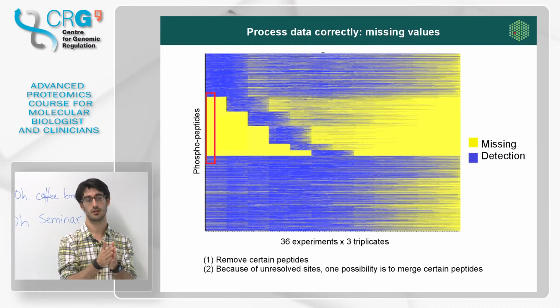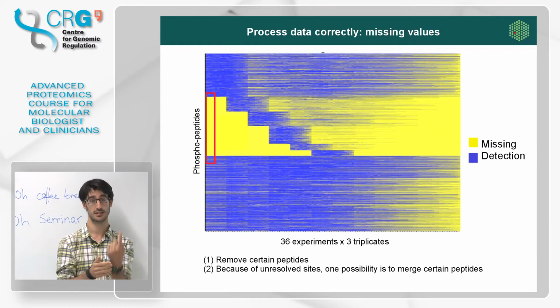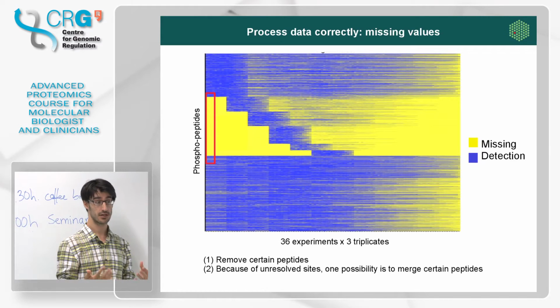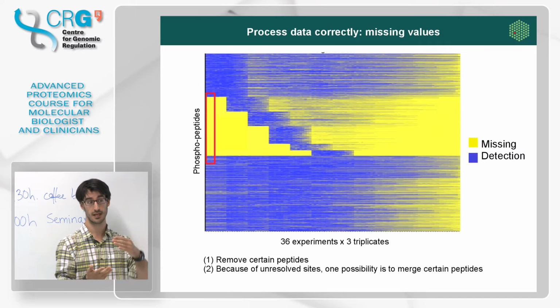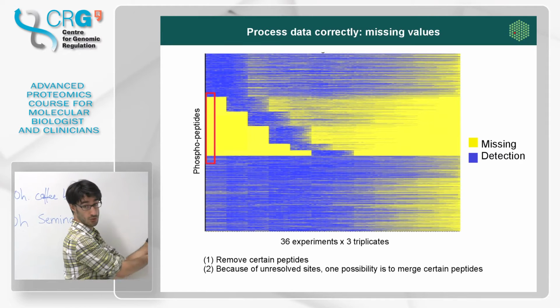If there are two serines, for example, that are adjacent to one another, then maybe the machine is telling you with a certain confidence that phosphorylation happened in this serine, but it could also have happened on the other one. So this leads to two different phosphopeptides. So you could see, for example, that sometimes the phosphorylation happened in the first case, and in some other cases it happened in the other case. And then here you would see those as two different peptides.